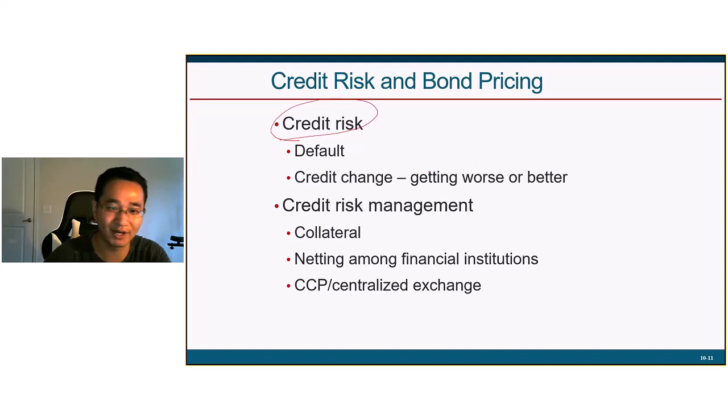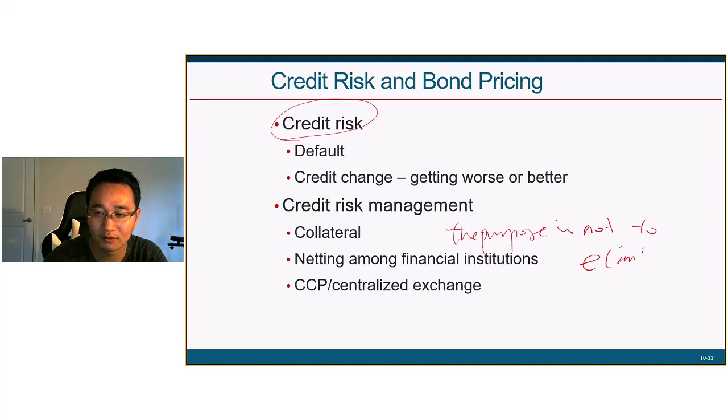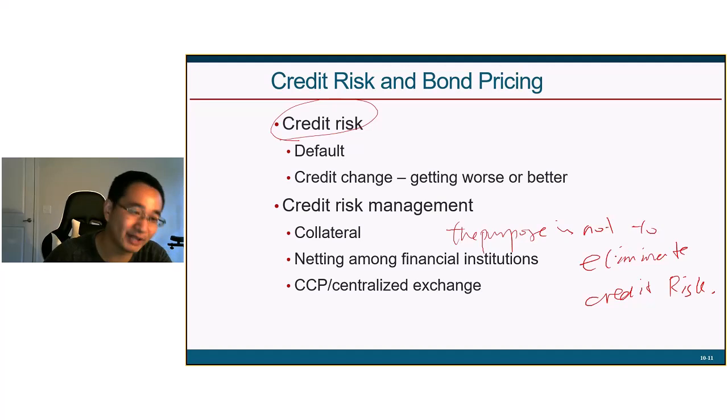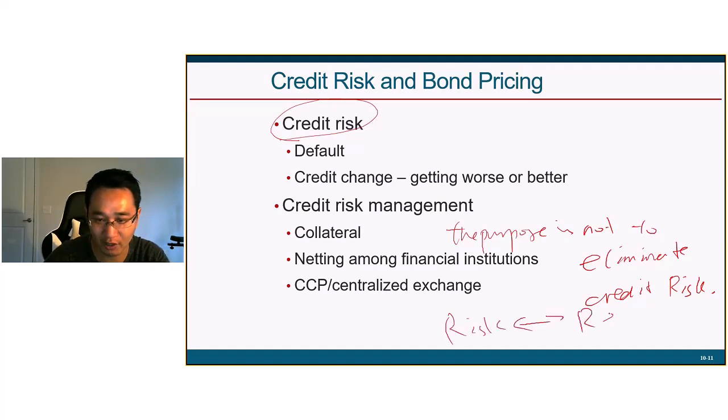The purpose of credit risk management is not to eliminate credit risk. Why? You have to take some risk. It comes back to the first part, the risk-return trade-off. You have to have some risk to get some return.